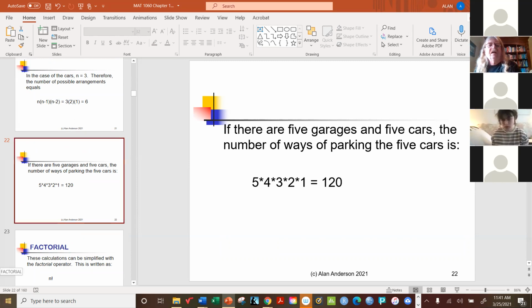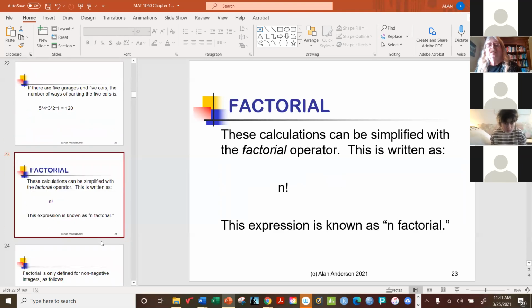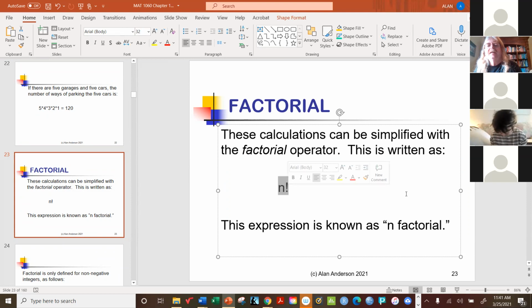What do I mean by that? Well, first of all, this amazing mathematical operator is called factorial, and it is written with an exclamation point. So what you're seeing here is pronounced n factorial.